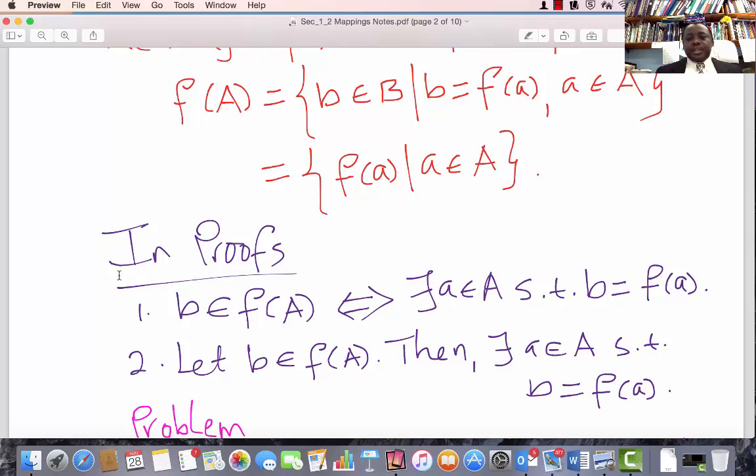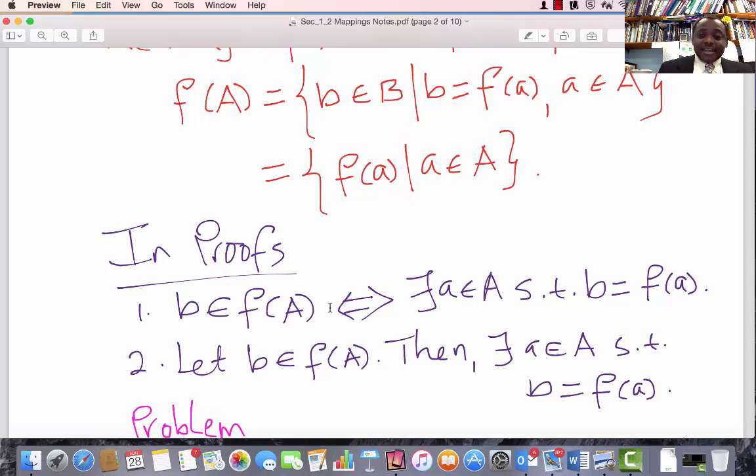Now be very careful because some students actually stumble at this point. Playing around with the image of A under f usually poses some problems to some students, but I'm sure it would not for you. So if I say that B is an element of f of A, what does that mean?